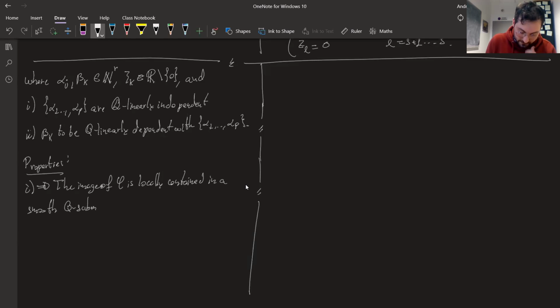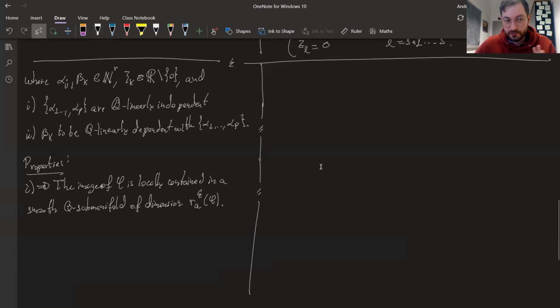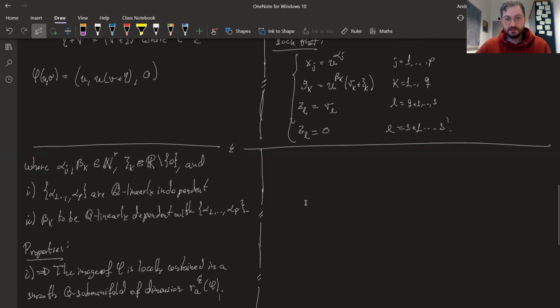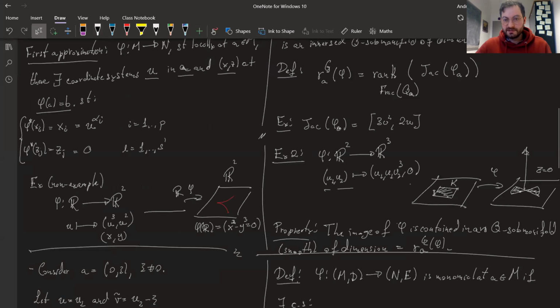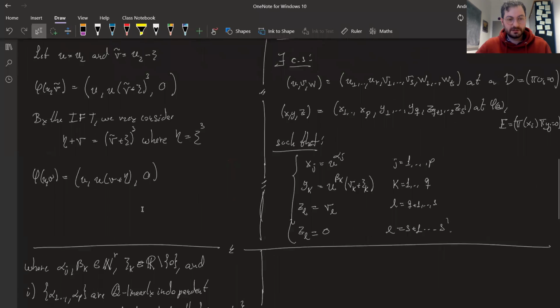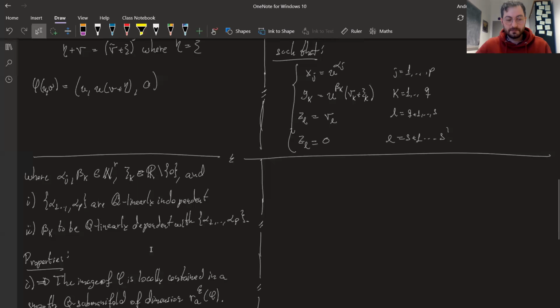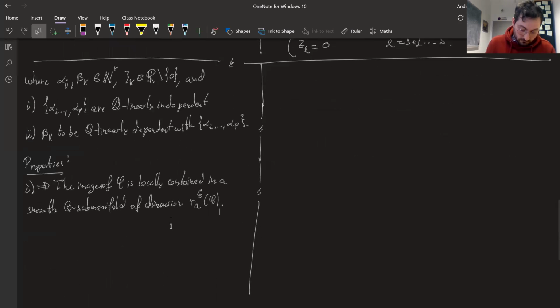Of course it is smooth, I'm just stressing this, of dimension given by the generic rank at A. So it's the minimal dimension, in terms of the topology, that one can expect, right? Just like in the second example, it was contained in Z equals 0. So this first property just means that.